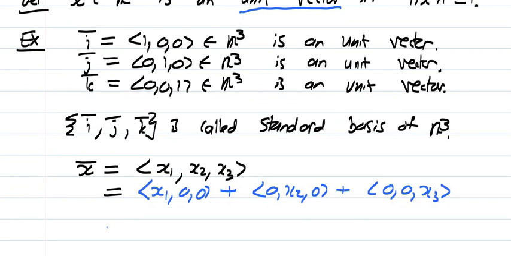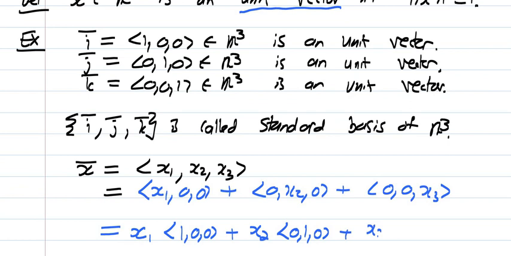And now because of the way multiplying a vector with a scalar works, I can rewrite this vector as x1 times the vector 1, 0, 0. I can rewrite this vector as x2 times the vector 0, 1, 0. And I can rewrite this vector as x3 times the vector 0, 0, 1.